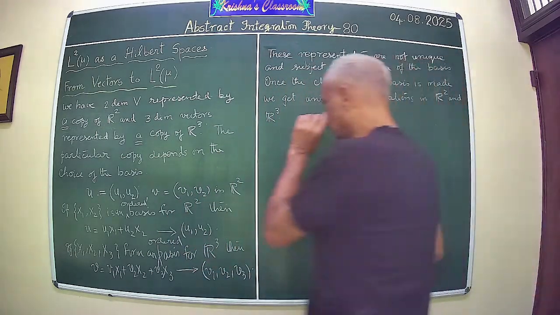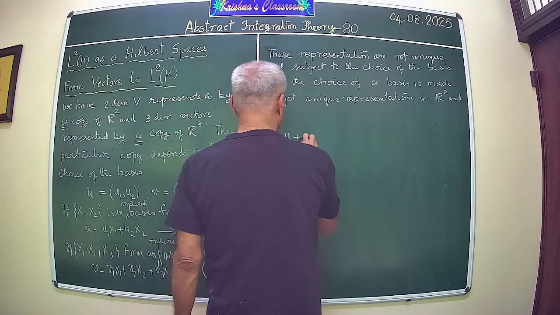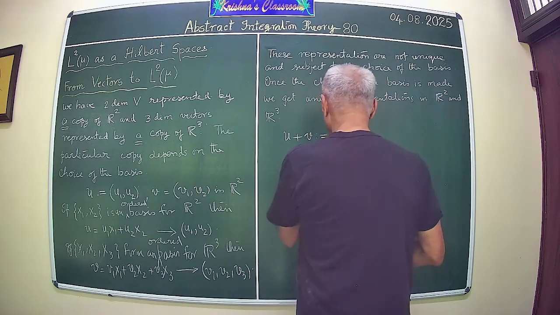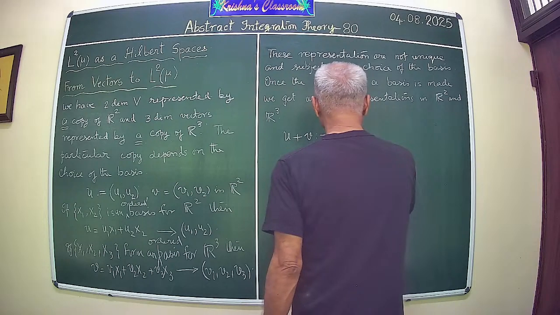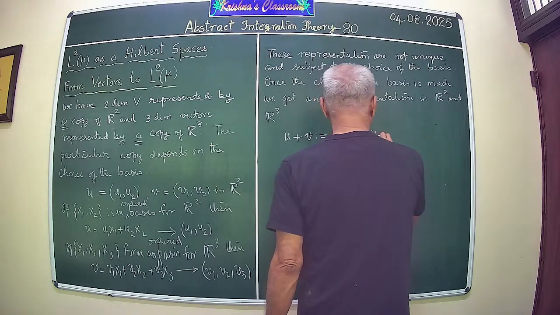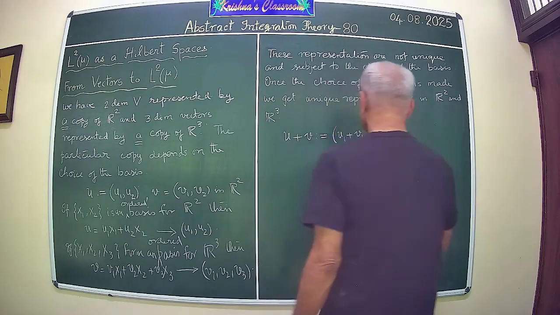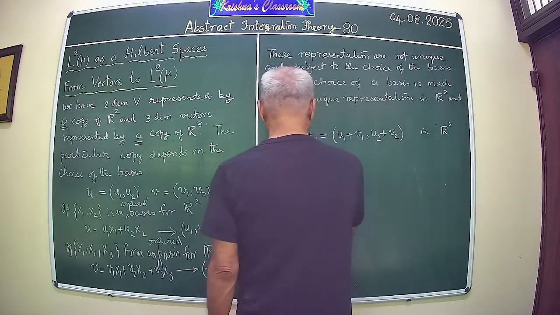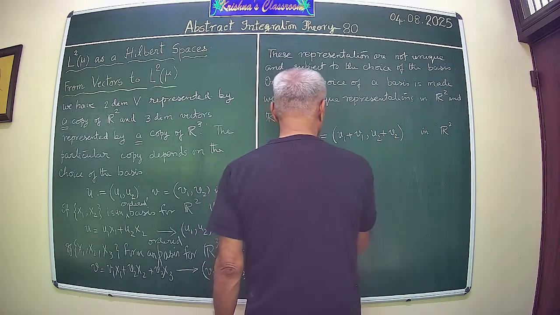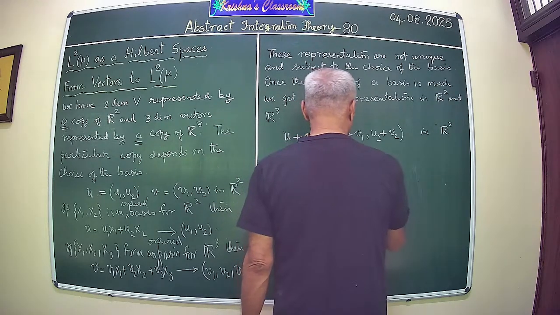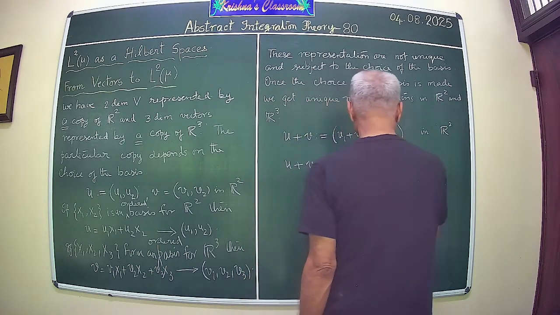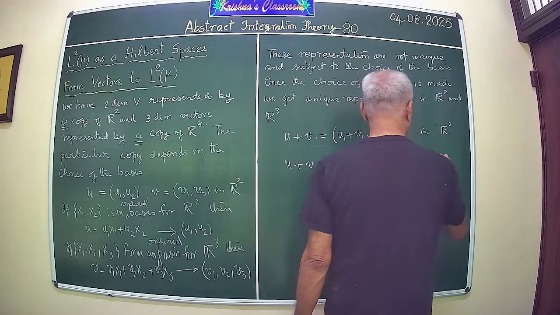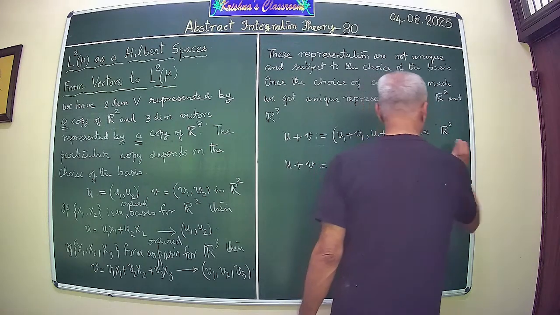Now you can see that U plus V is given componentwise. This is for plane vectors.